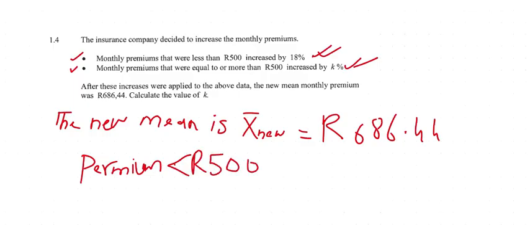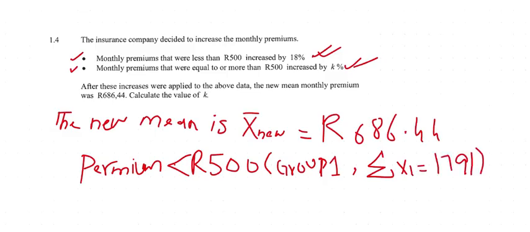Okay, group 1, and we say that the summation x1 equals 1791. Okay, this is increased by 18%. All right.